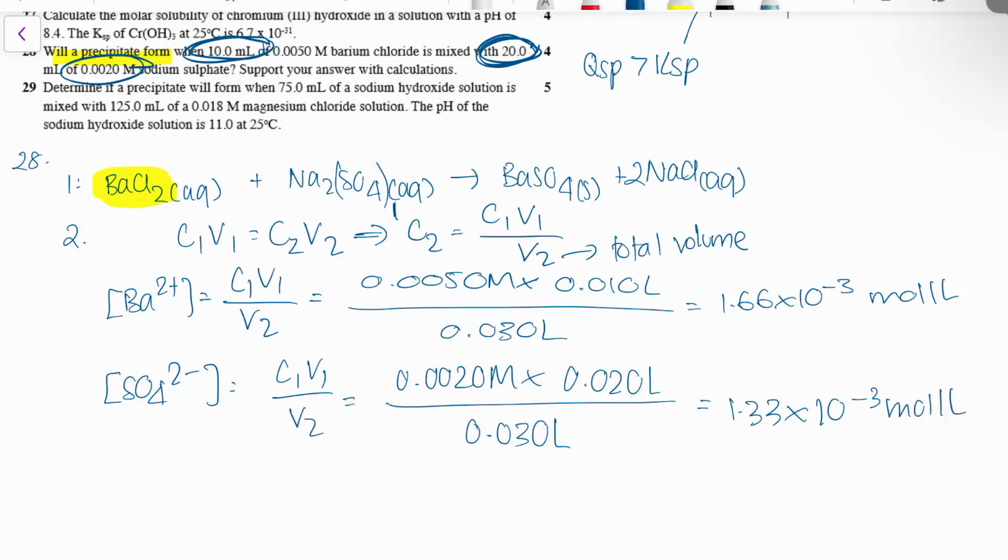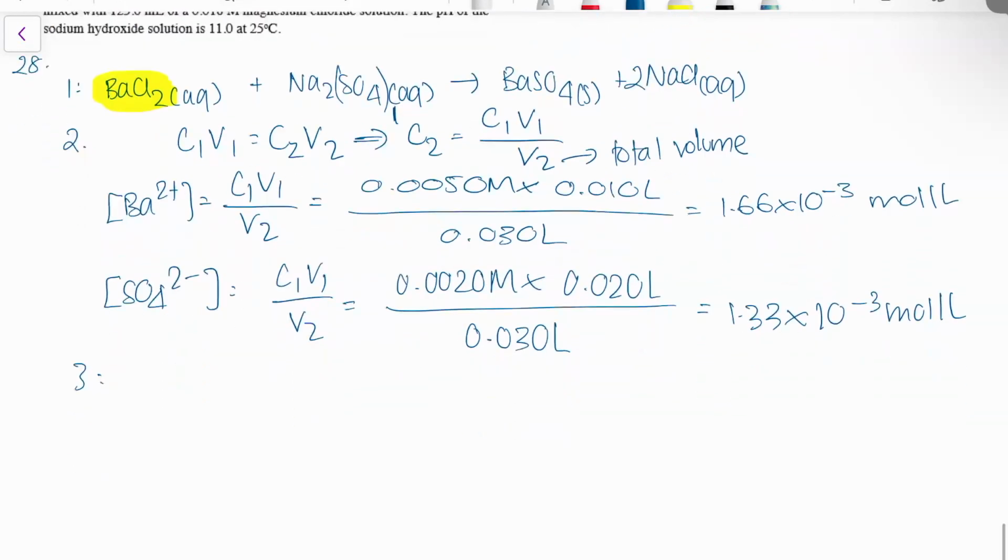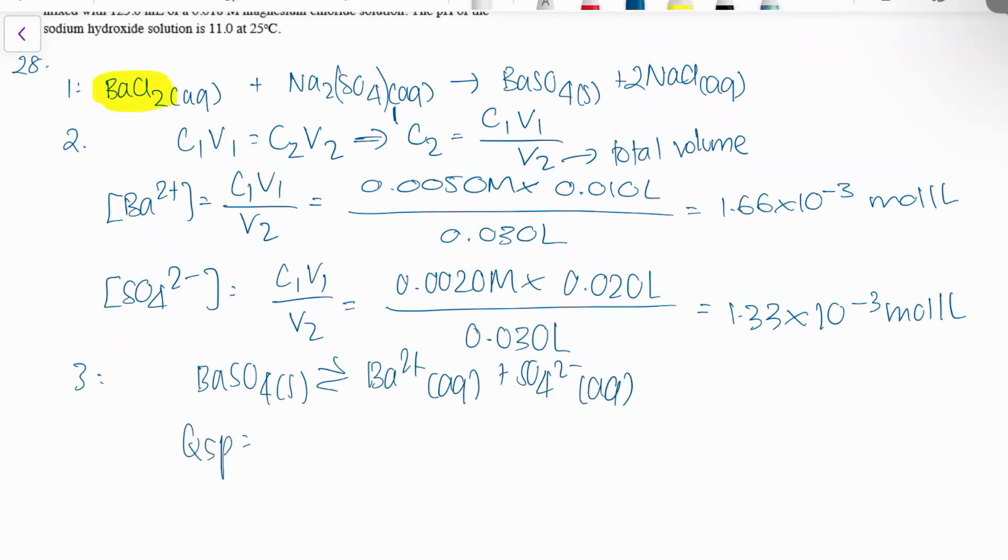And now that I've got the two concentrations, I need to sub them into the QSP expression for my precipitate. But for me to do that, I need to know what the equation is. It's a 1-to-1 ratio. So QSP has the same expression as KSP.